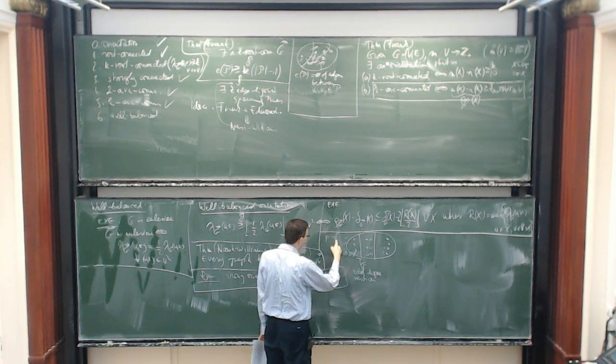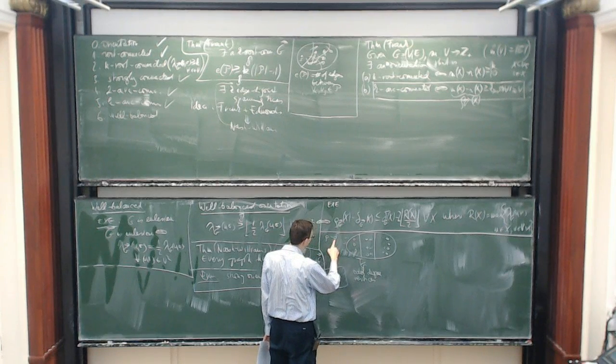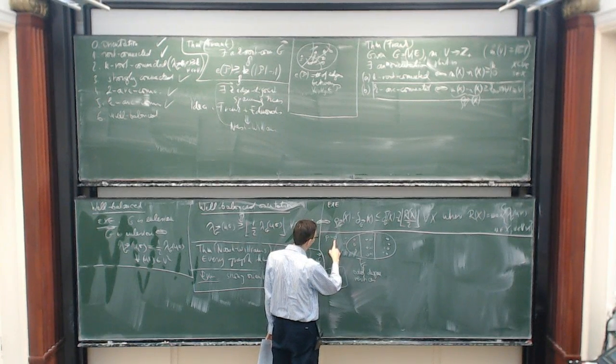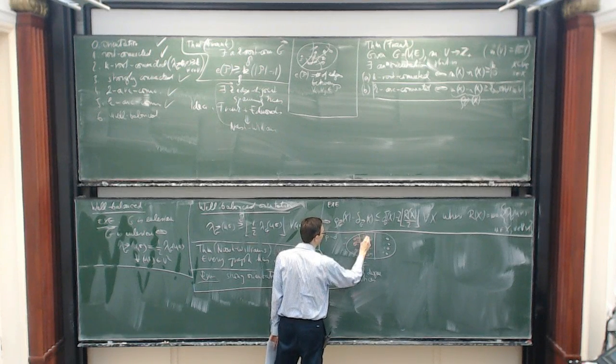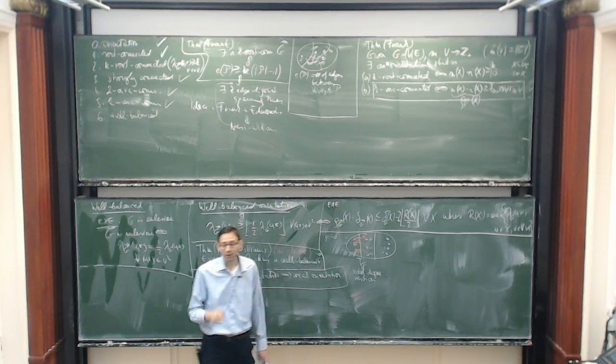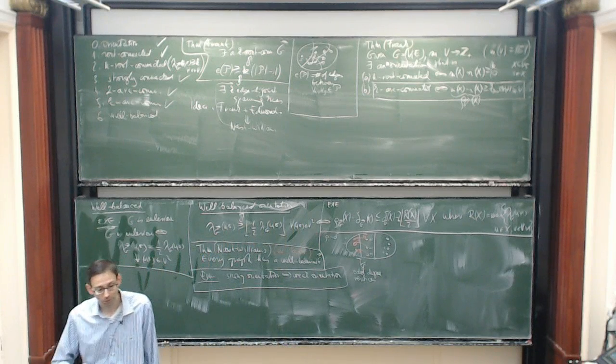Where rho minus delta is negative, this is too big. So I have to add something like this. Then we can add something like this and orient M, and then this will be Eulerian.